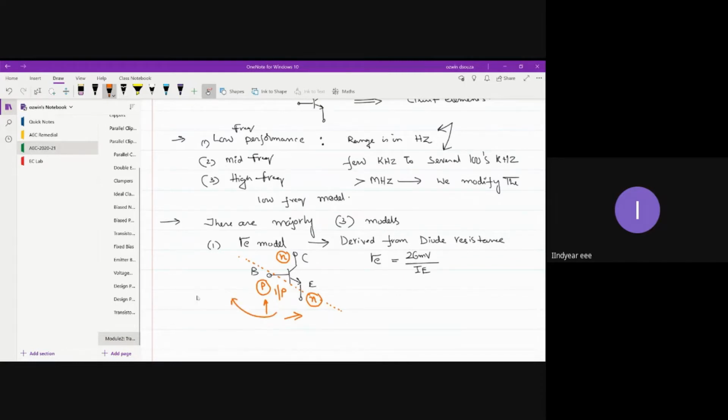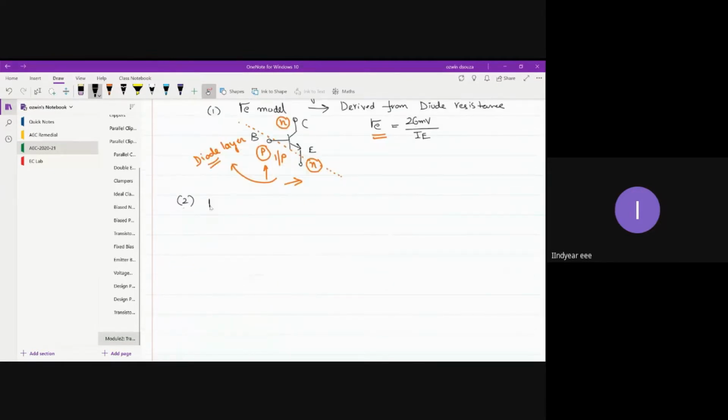This PN junction basically is the diode layer. So you can say that there is a kind of inbuilt diode effect inside a transistor. That diode layer gives the effective resistance RE, and the model based on this effective resistance RE is called the RE model. So that's the meaning of RE model.